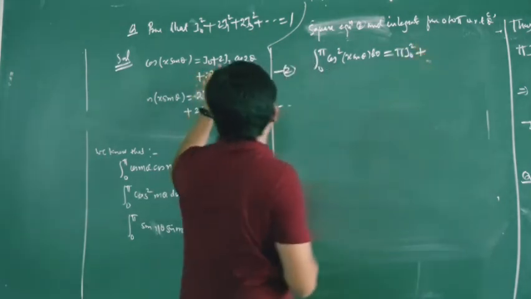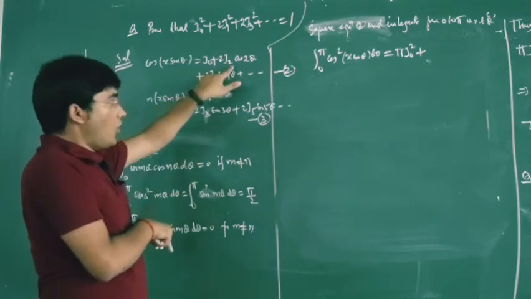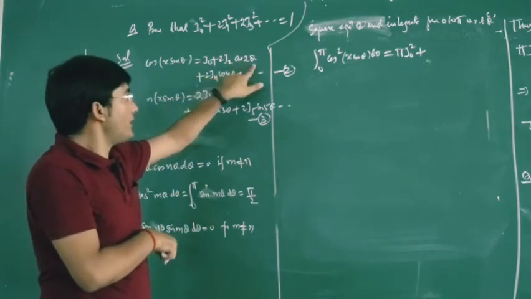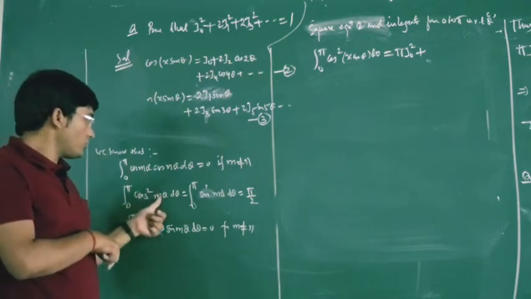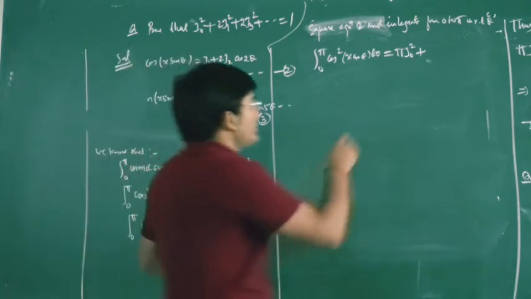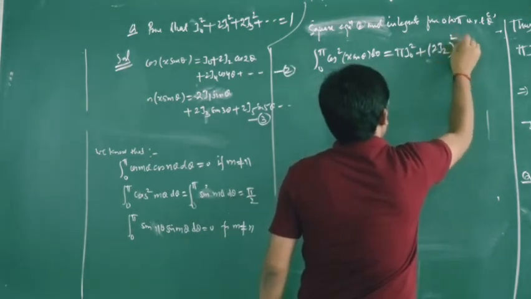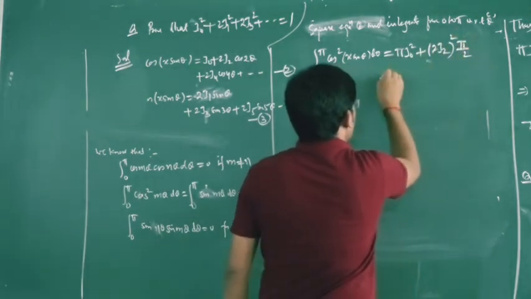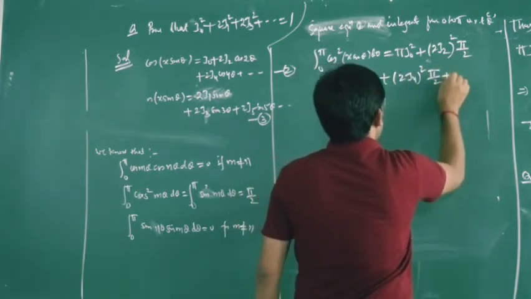Then we will have the term with 2J2 whole square, and the integration of cos square 2 theta from 0 to pi will be pi by 2. So the next term will be 2J2 whole square into pi by 2. Then we will have 2J4 whole square into pi by 2, and so on.